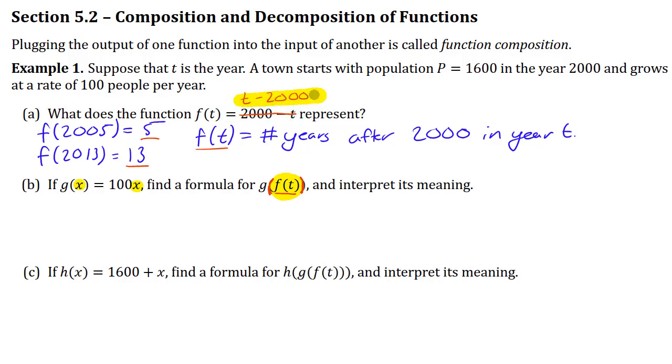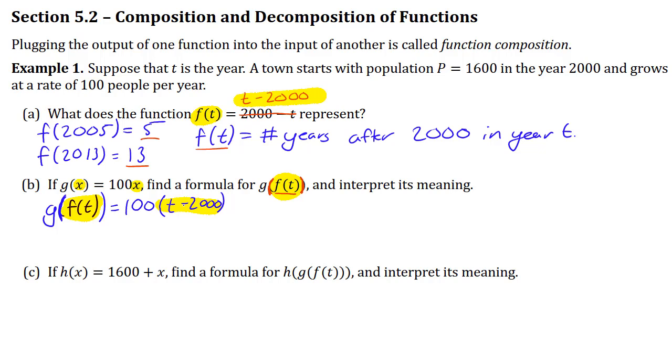So g of f of t is going to be 100 times the input into G. And that input into G here is f of t, and f of t is t minus 2000. So that's what I'm going to replace this x with. So instead of doing 100 times x, we're doing 100 times t minus 2000.